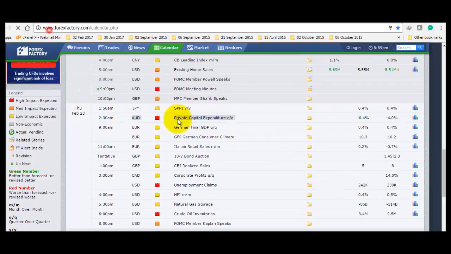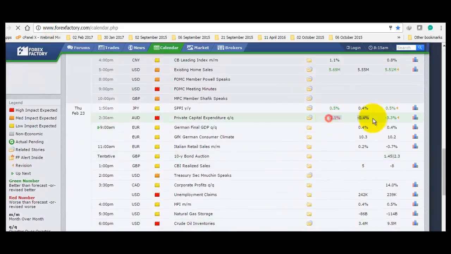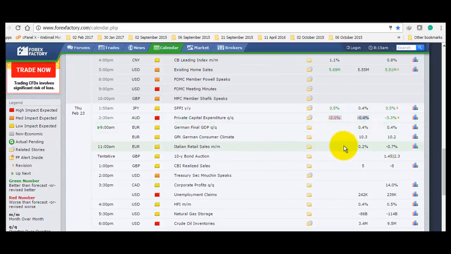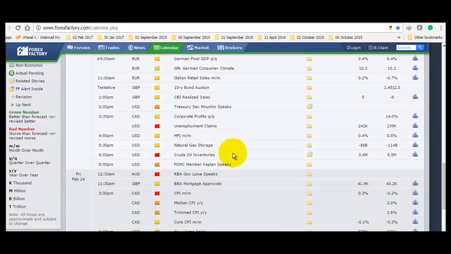There was some movement on the Australian dollar last night, which weakened it and basically gave the dollar a bit more strength, but everything else seems pretty straightforward.